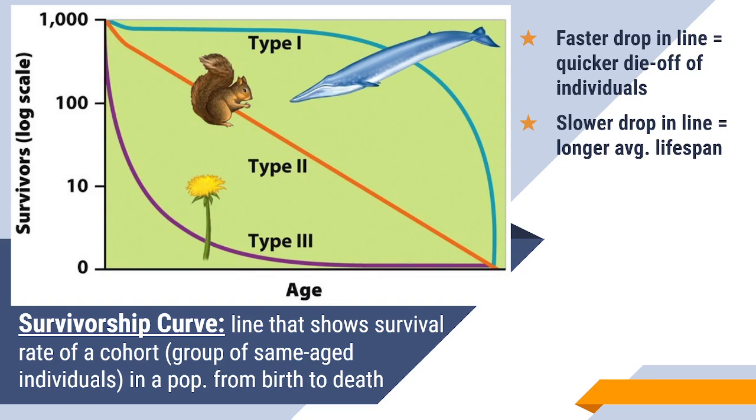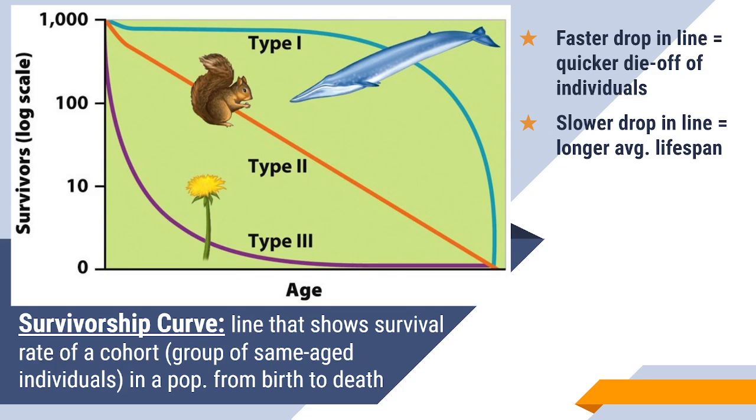The slower the drop in the line, the longer the average lifespan, which is why we see the type 1 curve in the blue line up at the top. Those organisms, however many, basically being born, ensures a very likely chance that those organisms will grow and survive for basically what would be considered a regular lifespan.